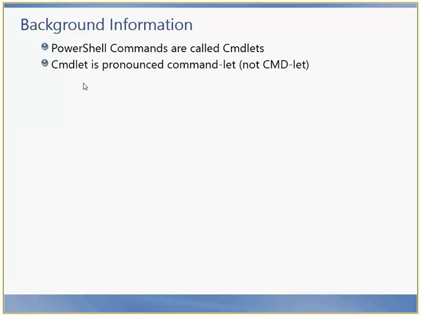Okay, so I want to give you some background information. PowerShell commands are called commandlets. And commandlet is pronounced commandlet, not CMD-let. I've heard CMD-let, and that just drives me crazy. Commandlets are in the form of singular verb-noun commands.